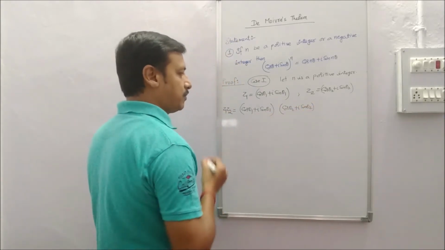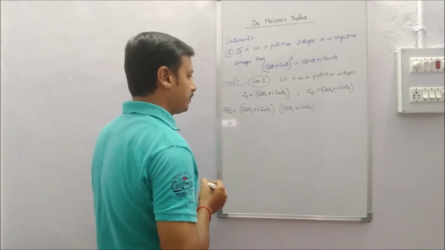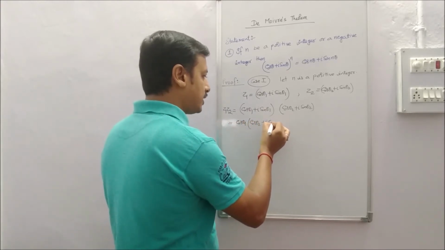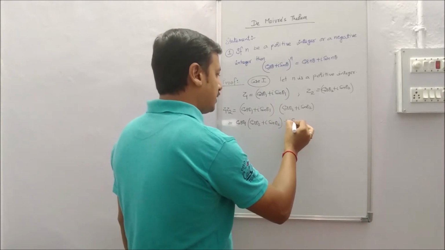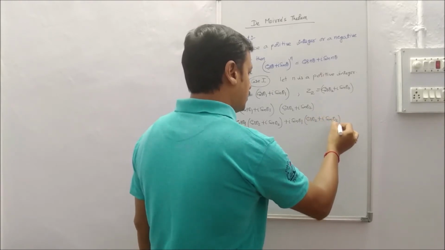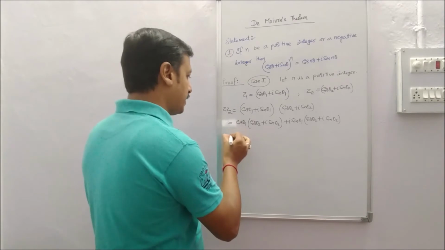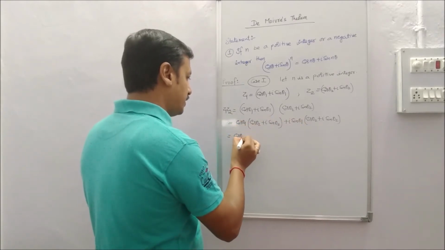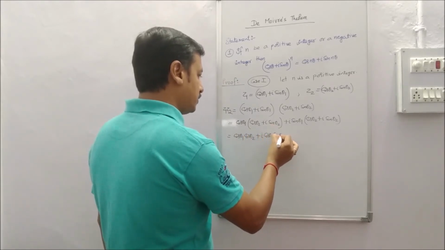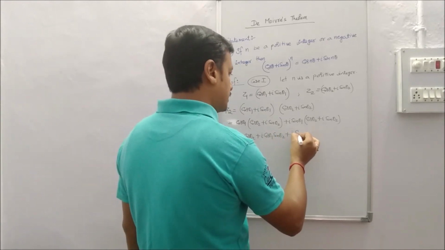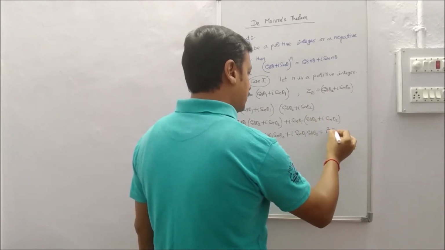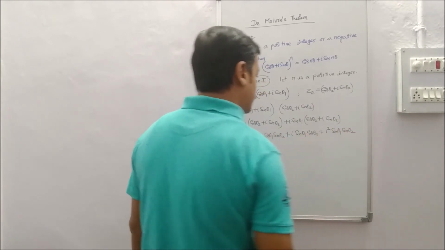Proceeding in the normal multiplication of numbers, that is cos theta 1 into cos theta 2, plus I cos theta 1 sin theta 2, plus I times sin theta 1 cos theta 2, plus I into I, that is I square sin theta 1 sin theta 2.